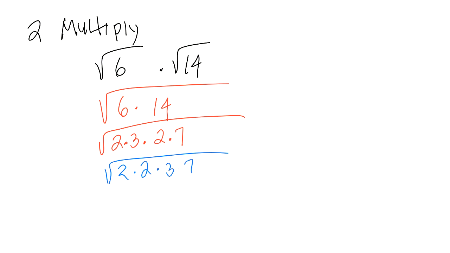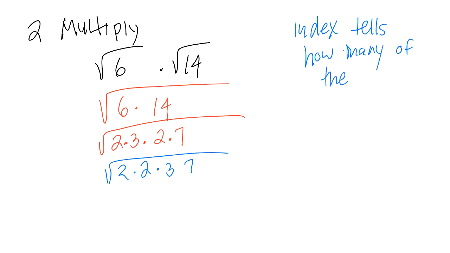The index tells me how many of the same repeated factors I'm looking for. So here I'm looking for 2 groups of 2's.